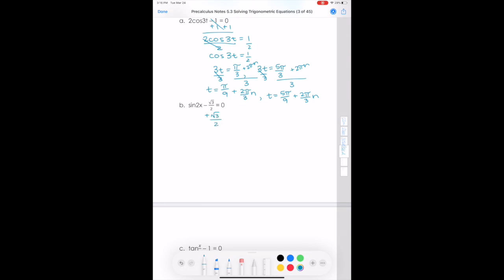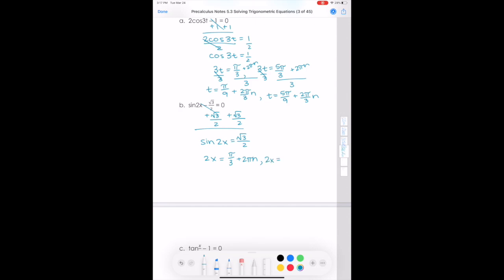All right, for letter B, you're going to add root 3 over 2 to both sides. And then sine is root 3 over 2 at pi over 3. And I already put the plus 2 pi in.